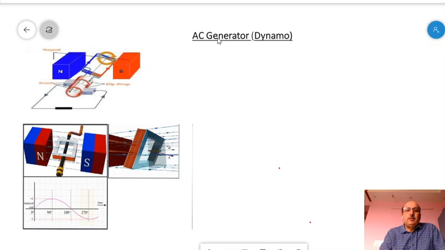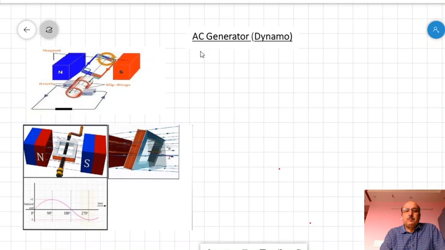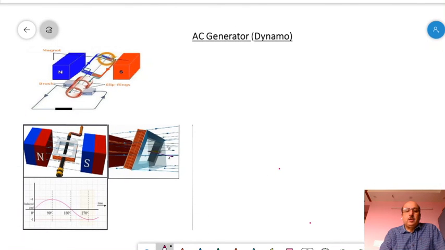It is a rotating device which converts mechanical energy into electrical energy.